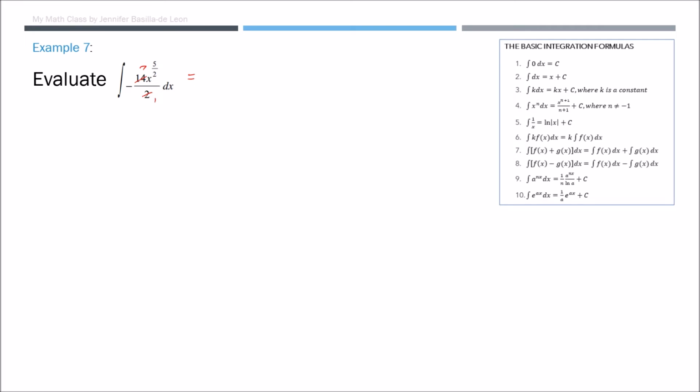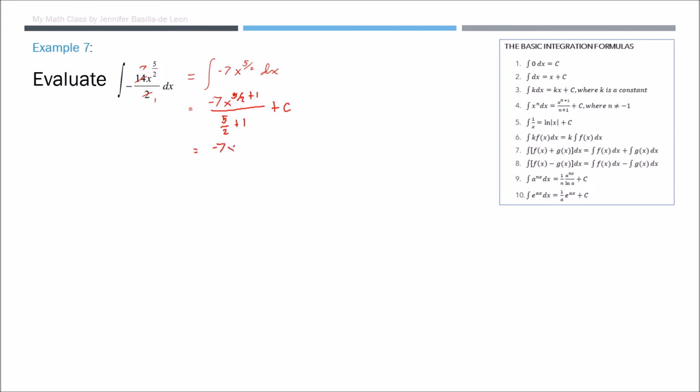So simply we will have the antiderivative of negative 7x raised to 5 halves. Now applying rule number 4, we shall have negative 7x raised to 5 halves plus 1 over 5 halves plus 1 plus c.